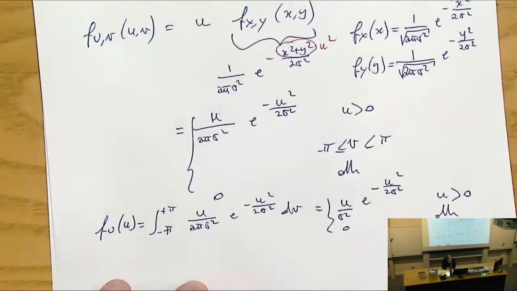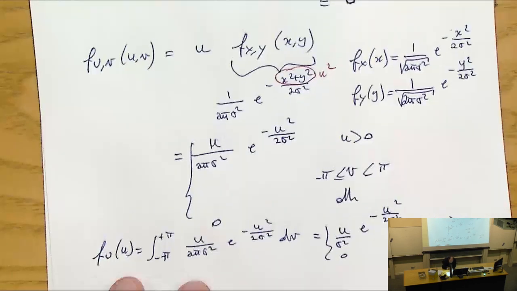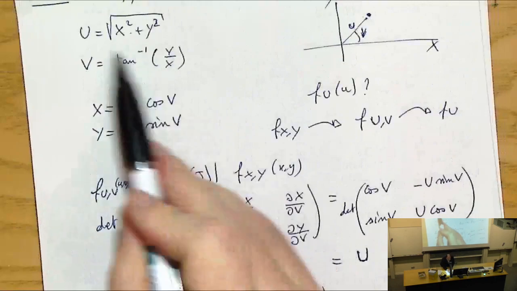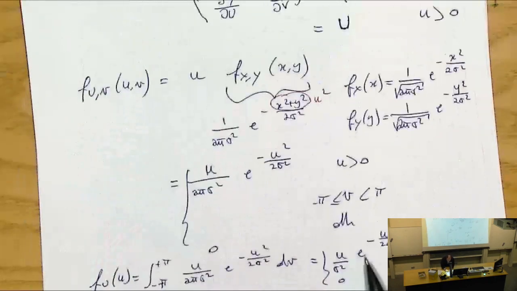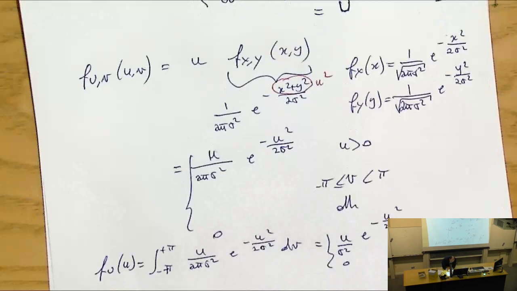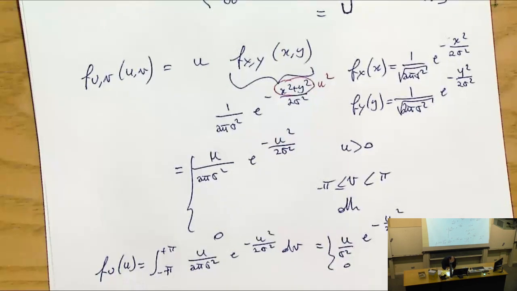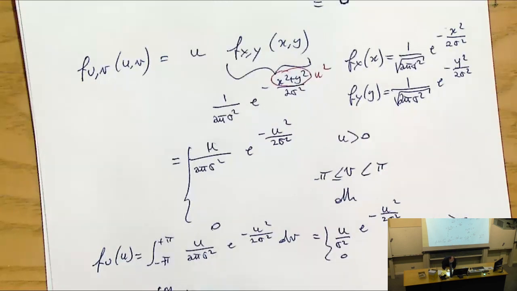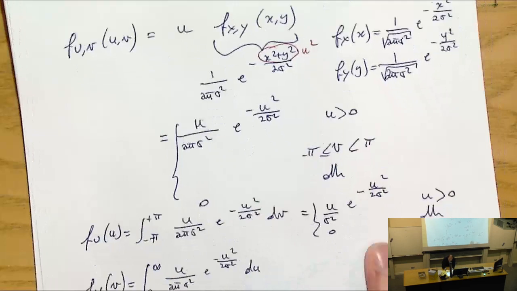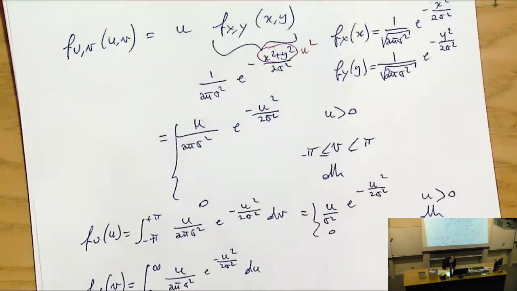Right? So that's the PDF of this new random variable here. It looks something like this. What is the PDF of v? Well, that's the integral between 0 and infinity of this quantity, e to the minus u squared over 2 sigma squared, and now I integrate with respect to du, the other random variable.